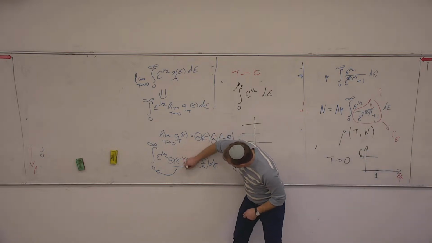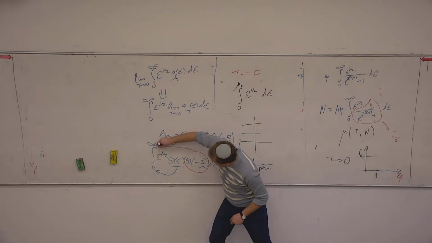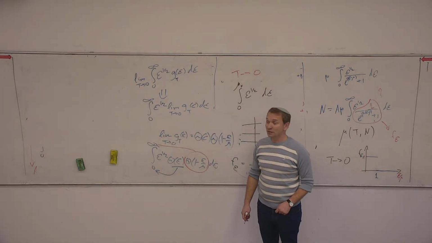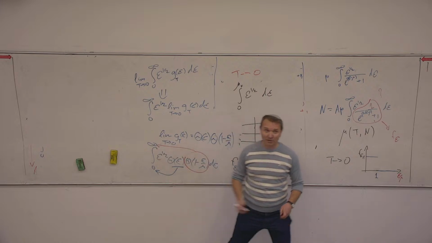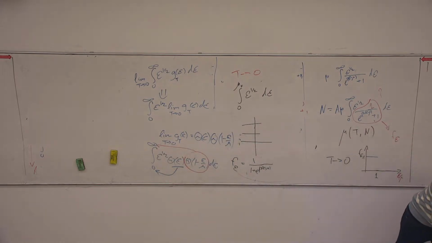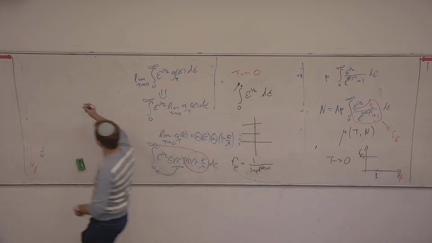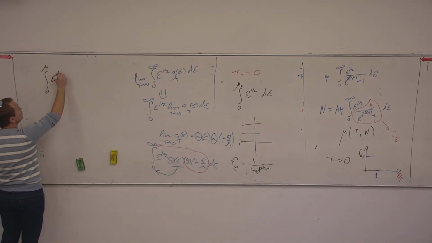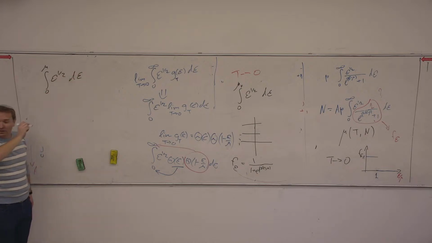This one says that we cannot have epsilon greater than mu. Exactly. So this modifies the upper limit of the integral. What we have is the integral from 0 to mu of epsilon to 1/2 d epsilon.